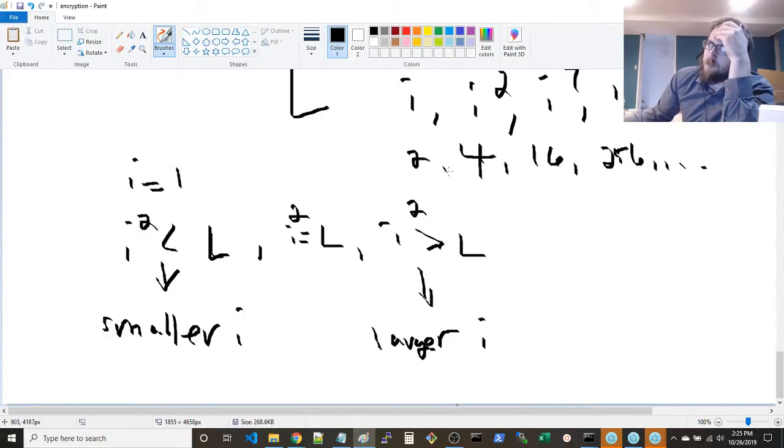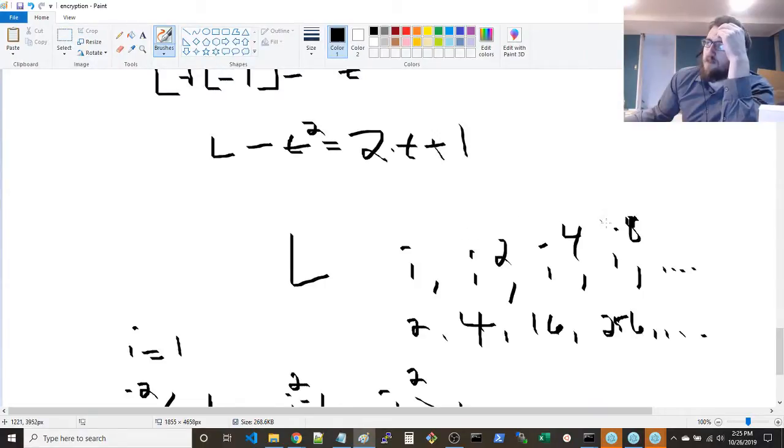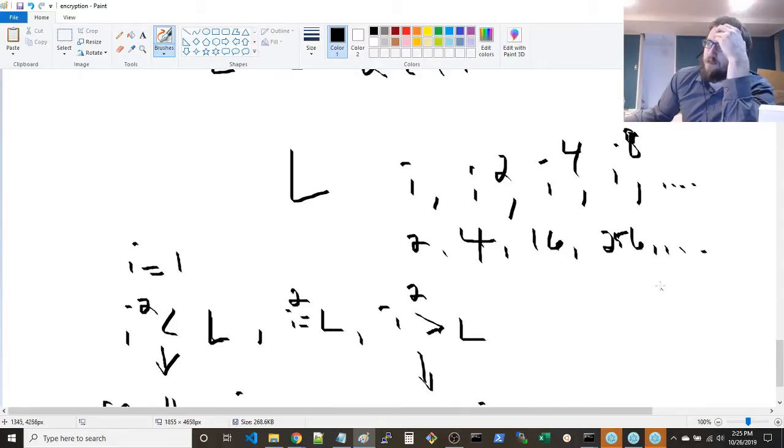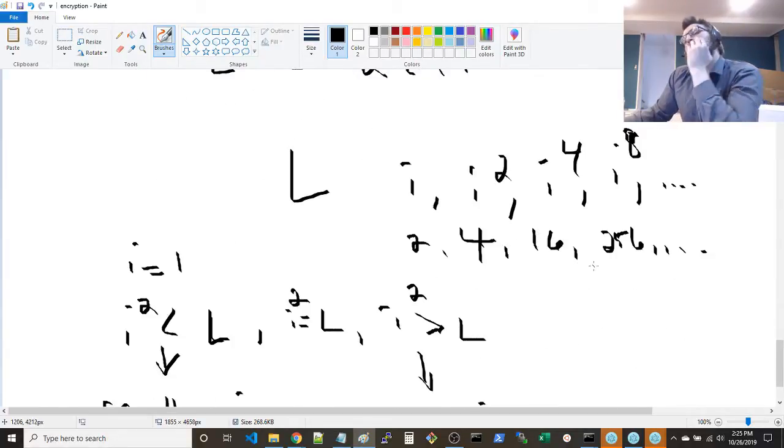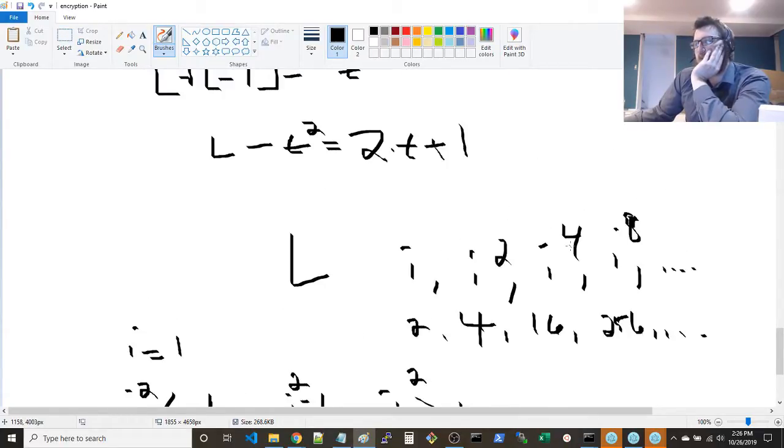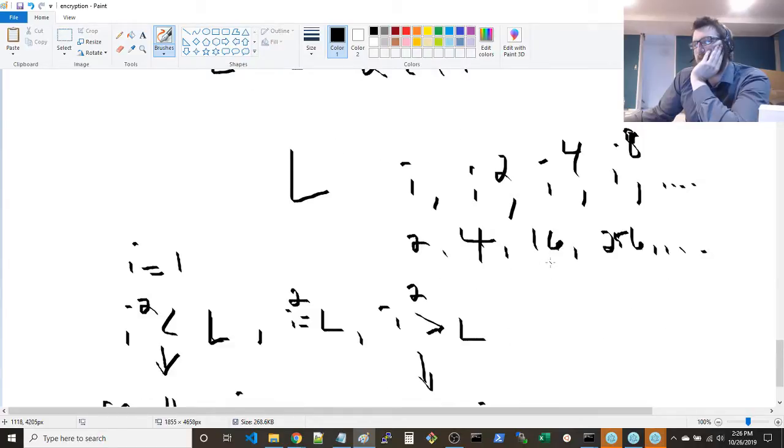That would just be keep incrementing some base value by one until the square of it is less than, or greater than, what you're looking for. Alternatively, you could just keep squaring the base as well, or even doubling the base, which is what you're doing here.